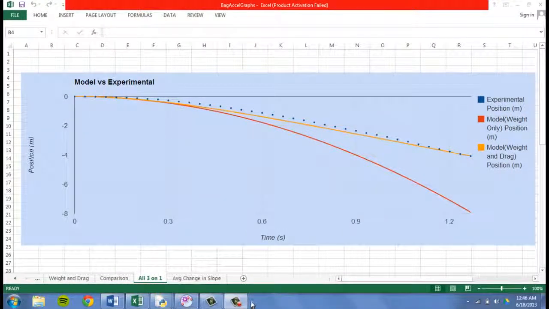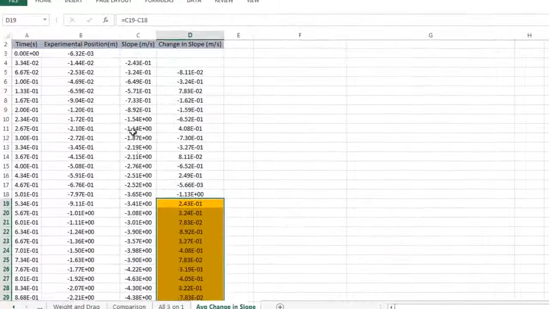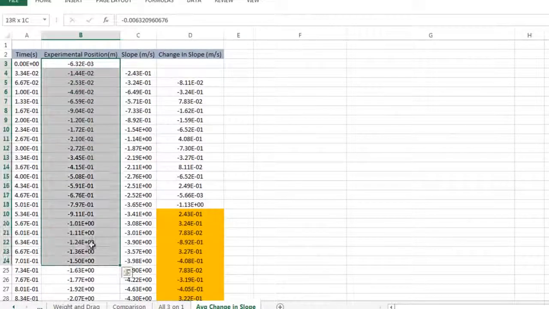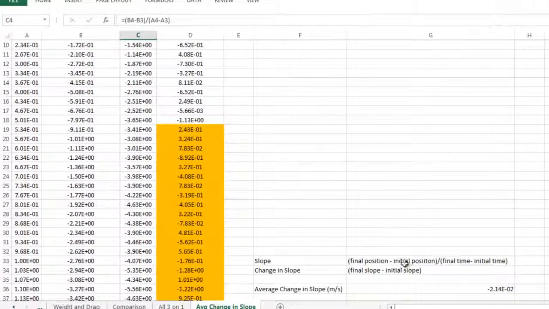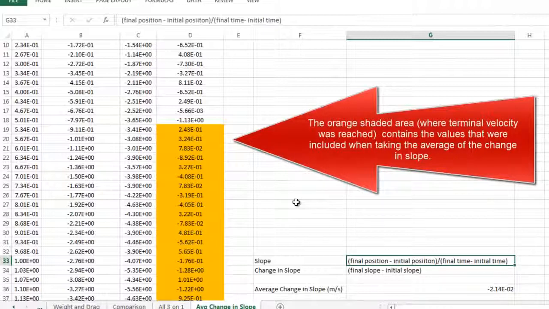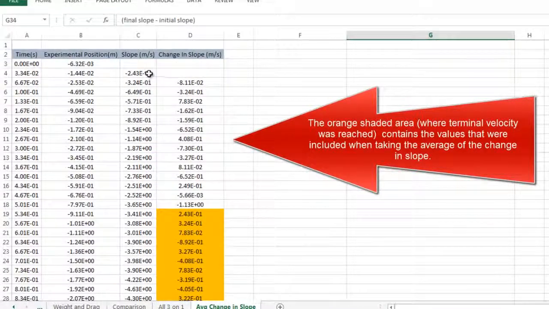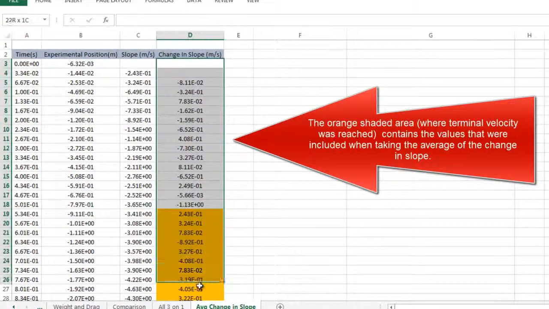To make sure my bag had terminal velocity, or was very, very close to having terminal velocity, I checked on Excel. I calculated the slope from the experimental position values by doing final position minus initial position divided by final time minus initial time. Then I found the change in slope by doing final slope minus initial slope and displayed those values here.